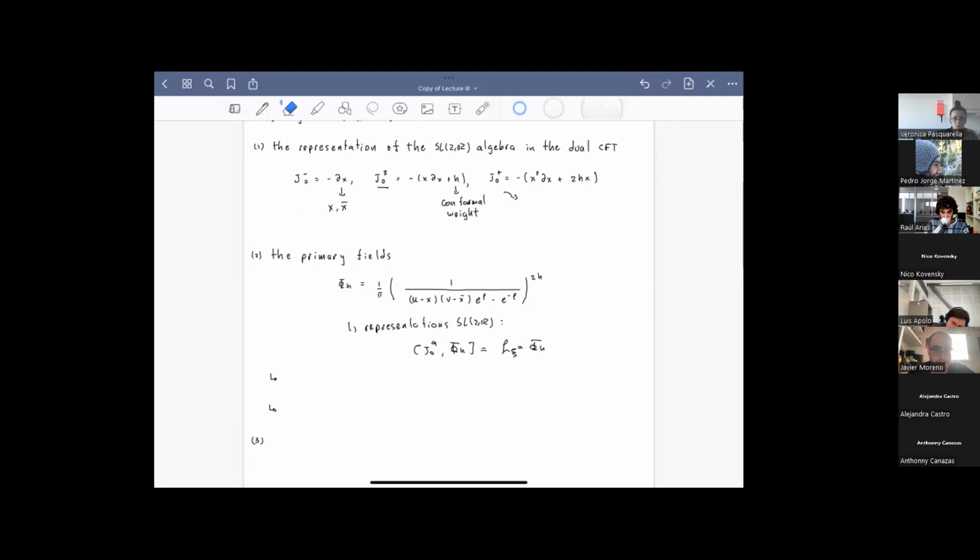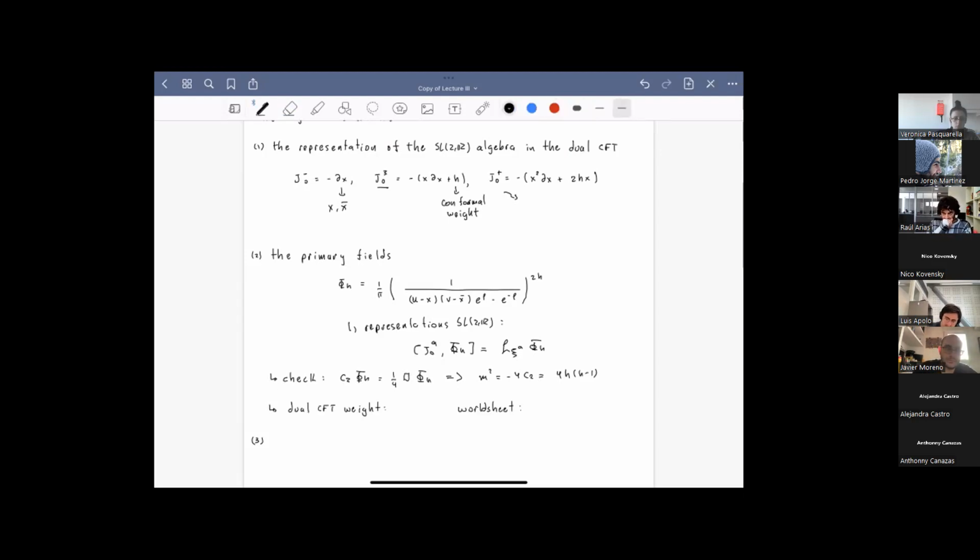So in particular, we can check that the Casimir acting on this primary field phi_h is just given by 1/4 box of phi_h, from which we can read the mass of this field in AdS. So the mass is simply given by this formula, which you can recognize as the standard formula that relates the mass and the conformal weight in the AdS/CFT correspondence.